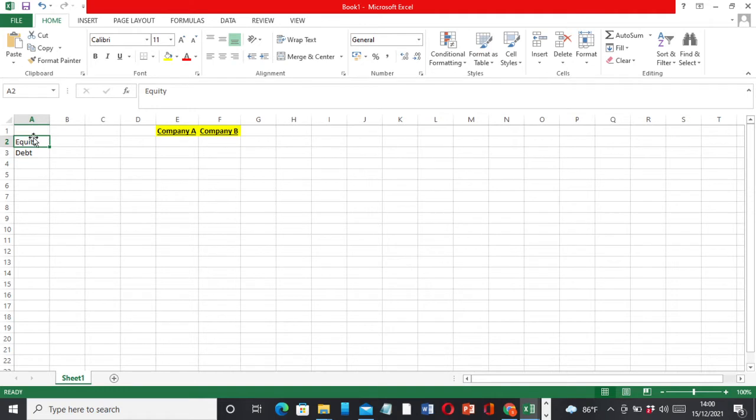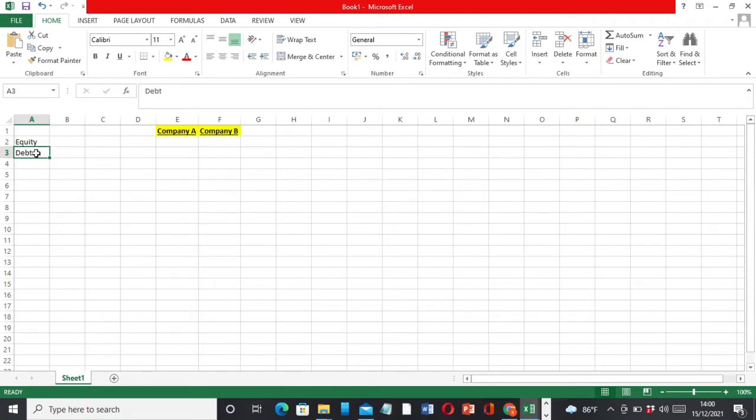Let me explain what these two are. If you are not a finance person, you may not be familiar with these two words. Let's say you want to start a business. You can either borrow money from your friend, or you can go to a bank. That's called borrowing. That comes under debt financing.